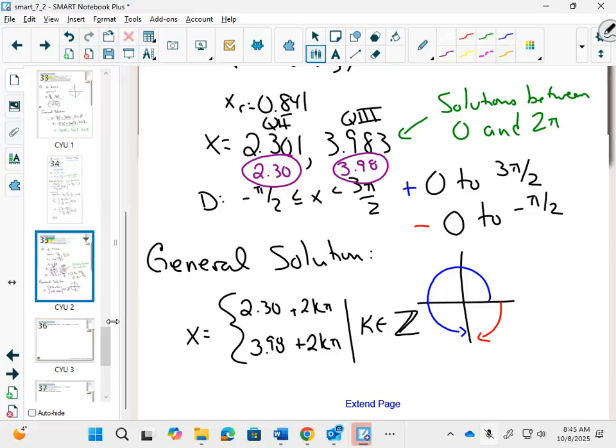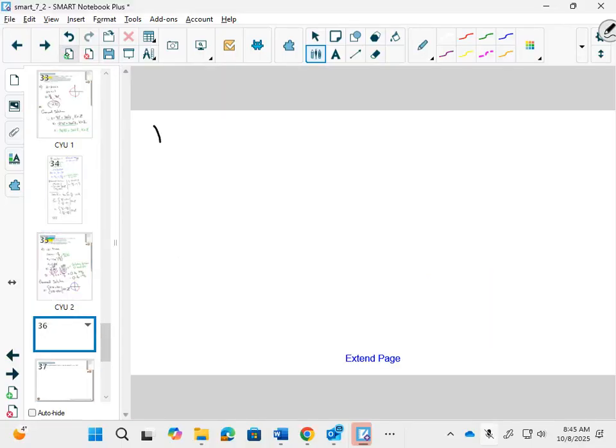Part B. Part B says, to the nearest degree, solve the equation root 2 cosecant x equals negative 5.